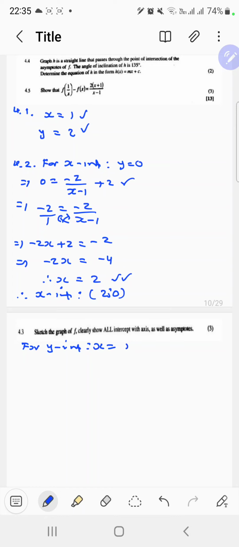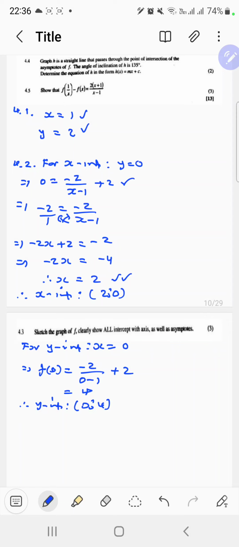It is such that x is equal to 0. This implies that f at 0 is equal to minus 2 over 0 minus 1 plus 2, which is exactly 4. All right, so we can say therefore the y-intercept is such that 0 is to 4.